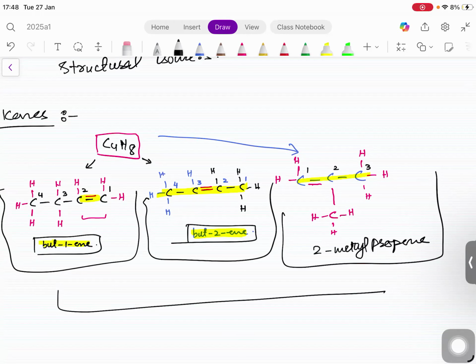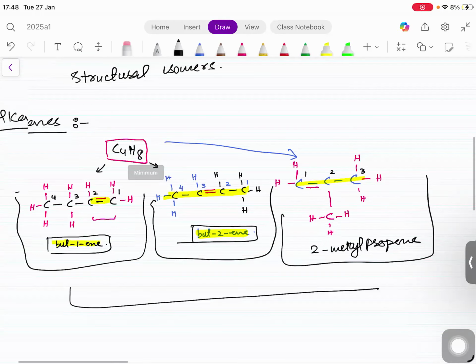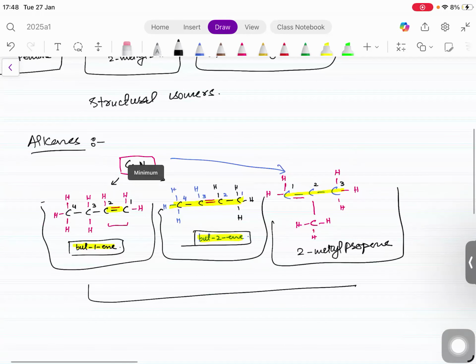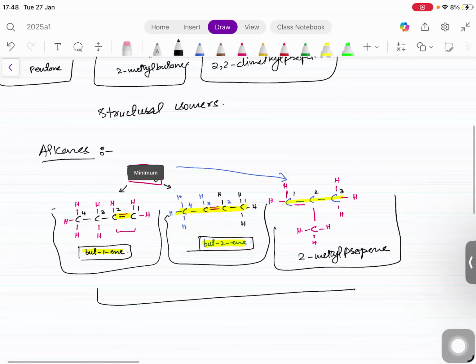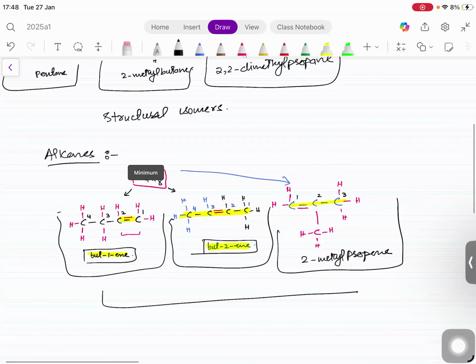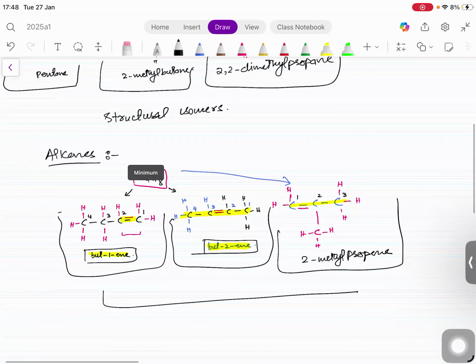Hydrocarbons are of two types. What are those two types? Saturated and unsaturated. Saturated contain carbon-carbon single bonds. Unsaturated contain carbon-carbon double bonds.